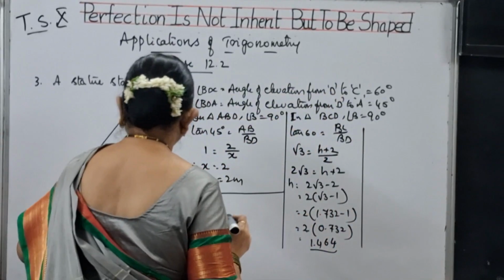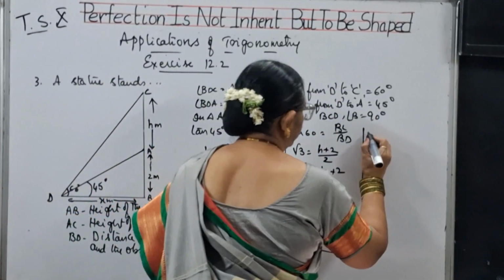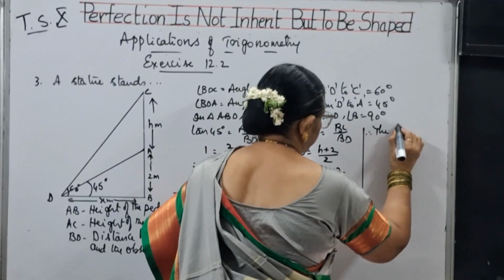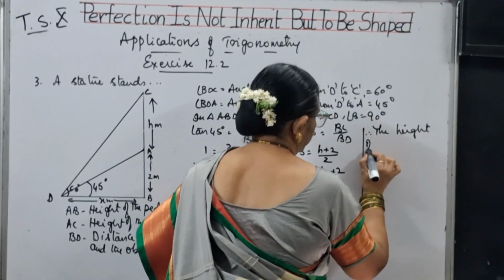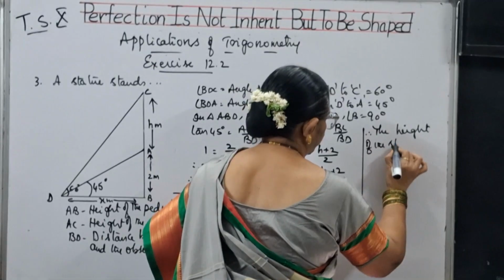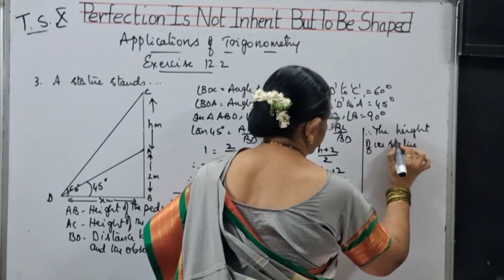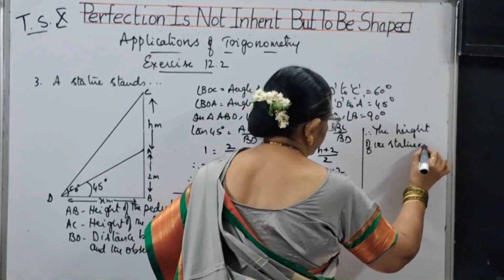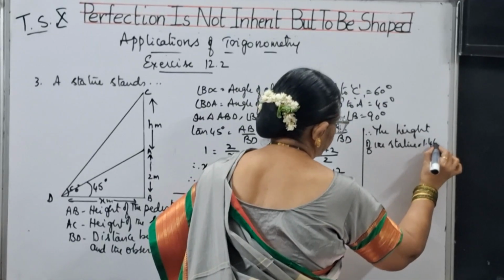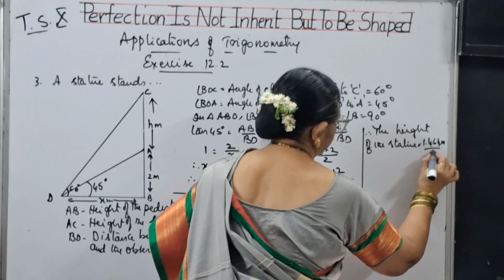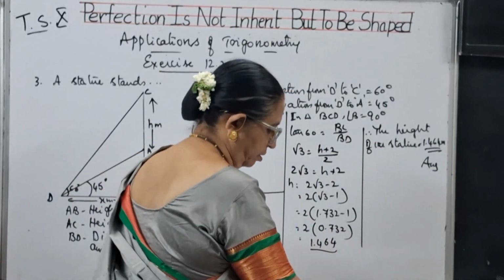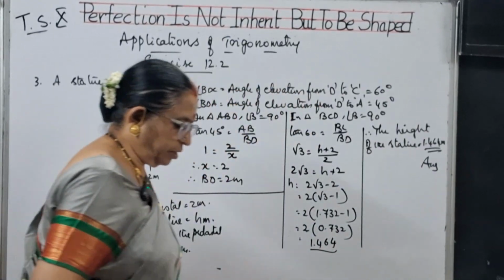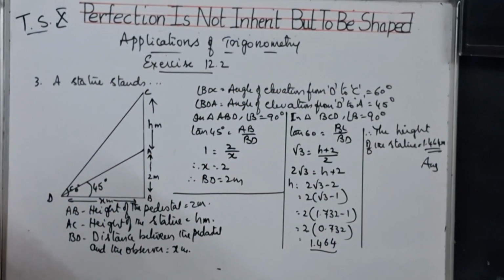They are asking the height of the statue. Therefore, the height of the statue is equal to 1.464 meters. This is the answer for this problem, children. Please note it down. This is the third problem.